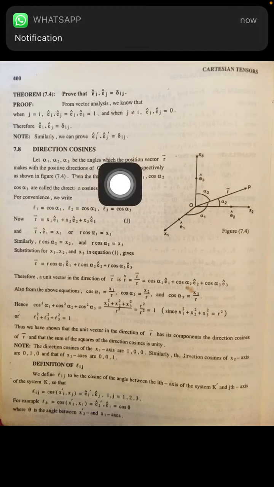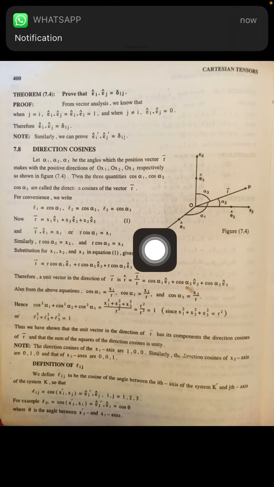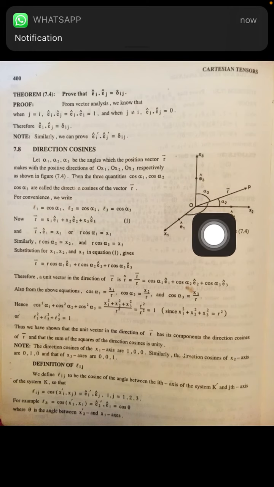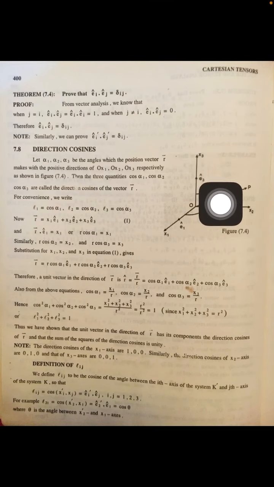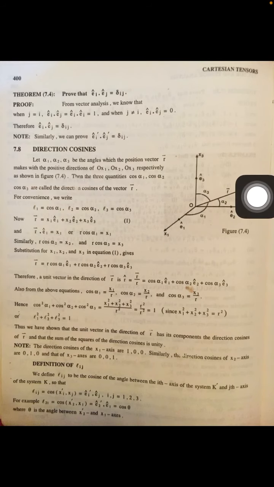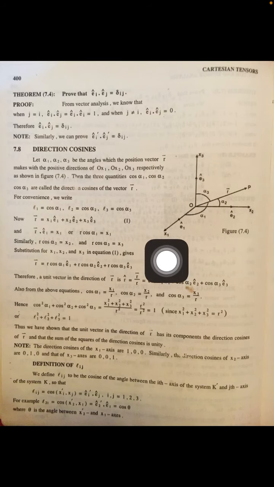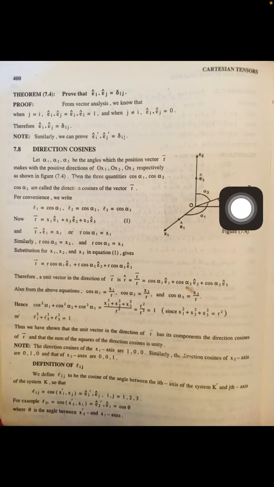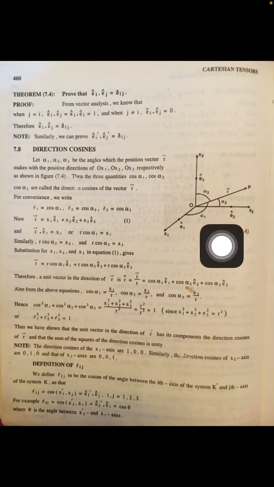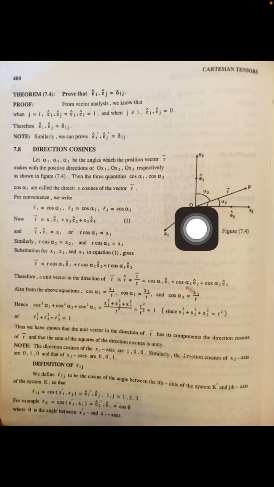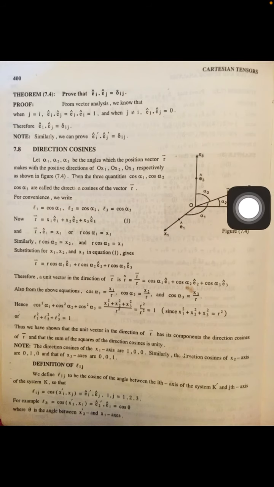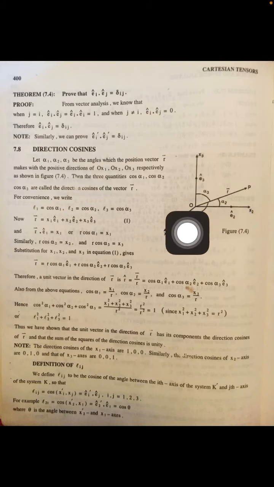Now next we have some direction cosines. Here this is the coordinate system 0, x1, x2 and x3, and this is some unit vector r in that coordinate system. Alpha 1 is the angle between x1 and the position vector r, alpha 2 is the angle between x2 and the vector r, and alpha 3 is the angle between x3 and the vector r.